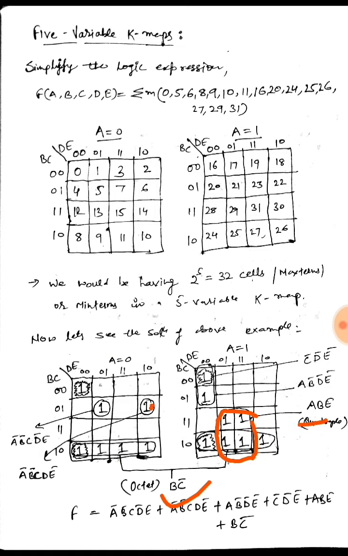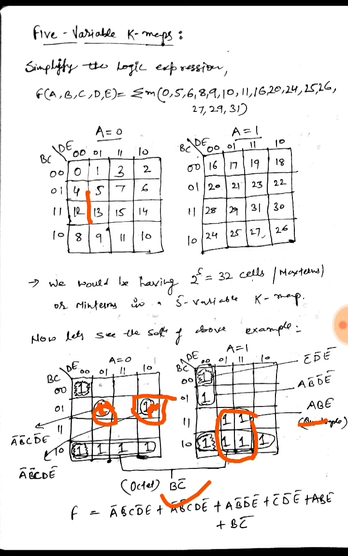One cell, if I cannot make a pair of it, that is this one and this one, because no adjacent cell is occupied corresponding to them, will remain as it is.